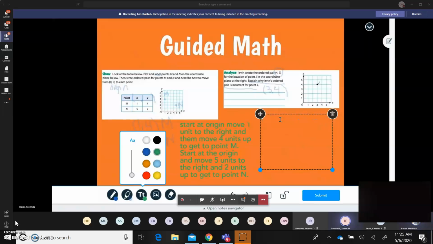He just worked along the right first, moving right along the x-axis.